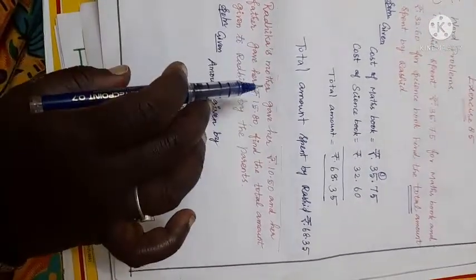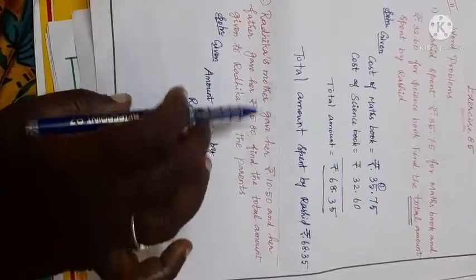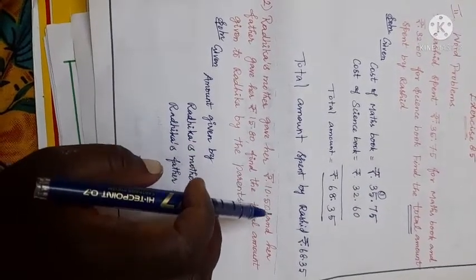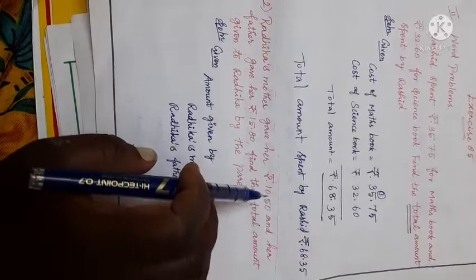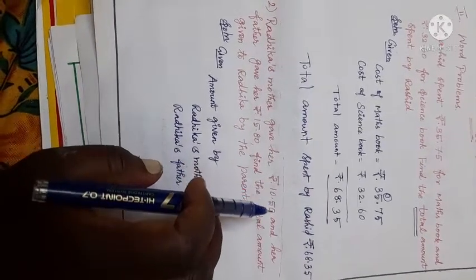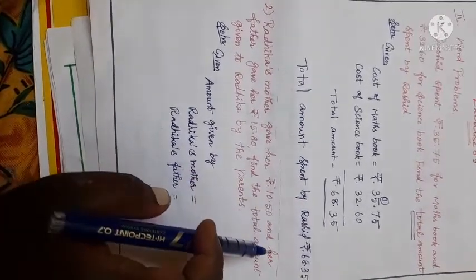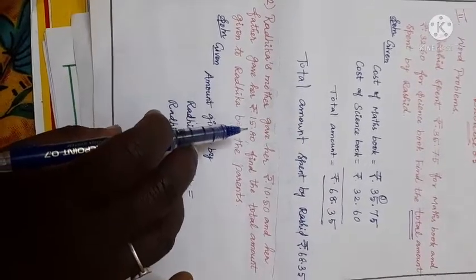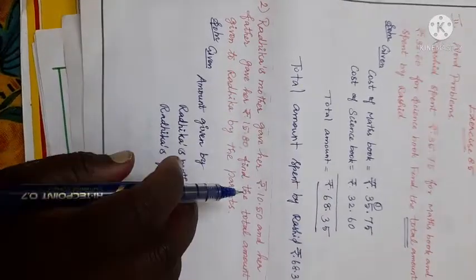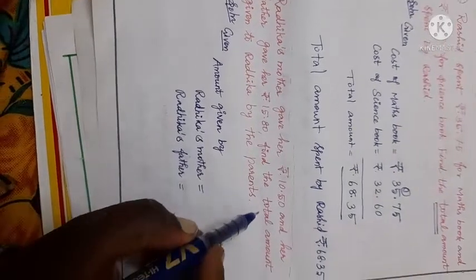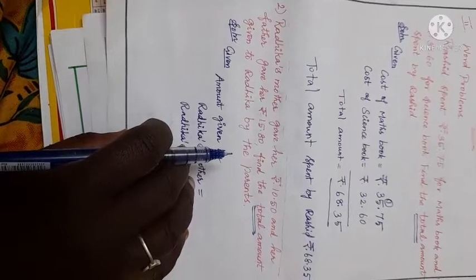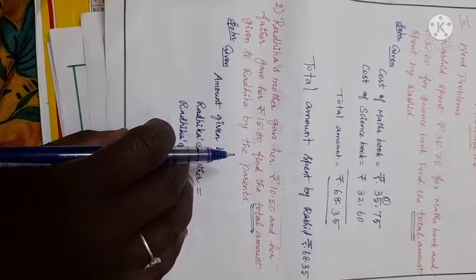Okay, Radhika's mother gave her, how much rupees? Rupees 10.50. 10 rupees 50 paise. And her father gave her rupees 15.80. Okay, find the total amount.